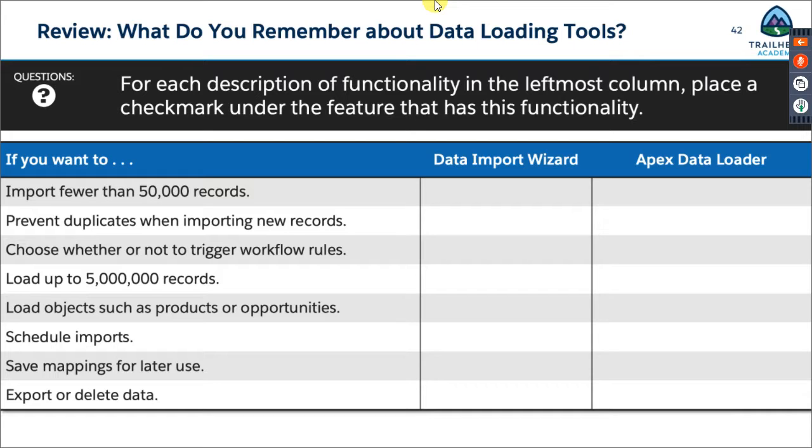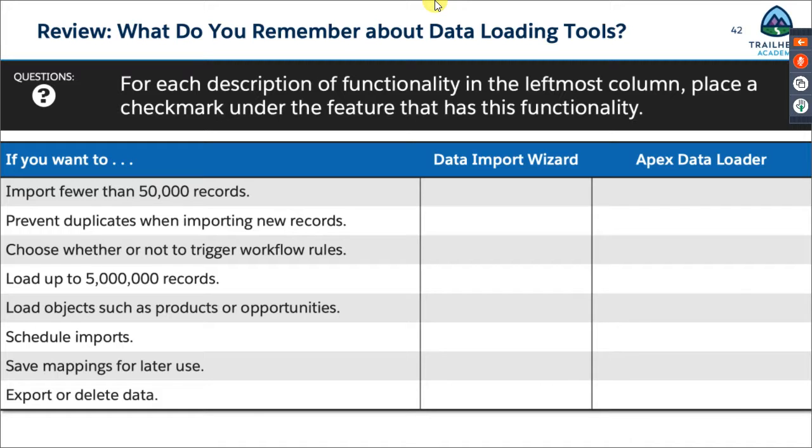With the data import wizard, you have the option to not execute your workflow rules. And why do you want that? Well, one of the things that a workflow rule does is send emails when a record is created. And if you're loading 50,000 records, you don't want to send your boss 50,000 emails. So the ability to turn off workflow rules is actually quite important.